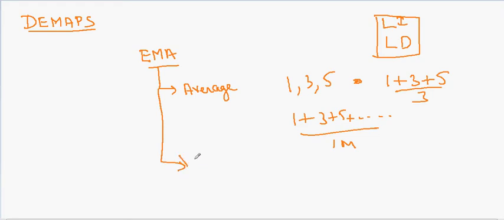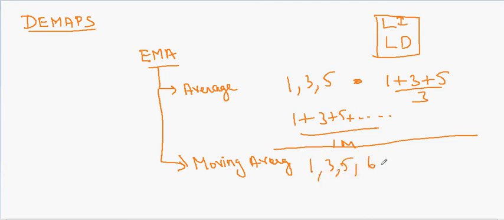And what is moving average? Moving average is nothing but this: if I have 1, 3, 5, 6 and numbers get added every second, or over time, and I want the average of 5 numbers at every time, so it's like 1, 3, 5, 10, 15, 18, 20, etcetera, then it will take the average of 1, 3, 5 and so on, and then the window will keep moving this side.